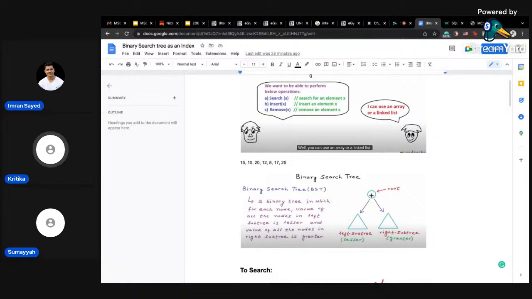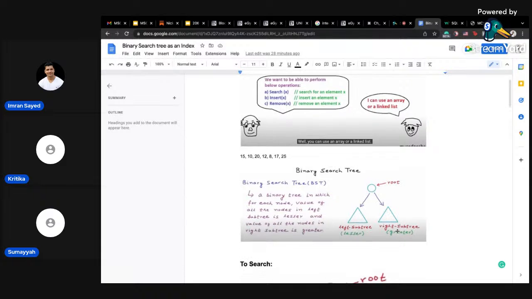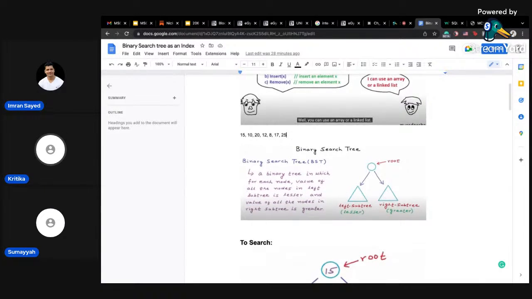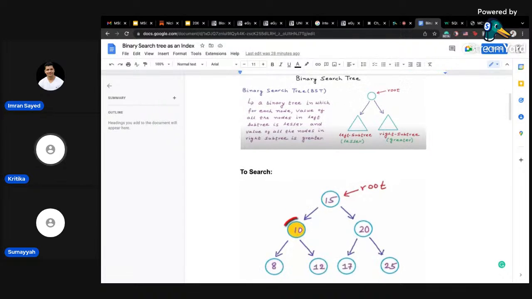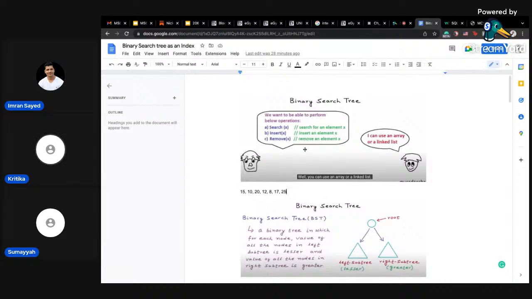Any number that is equal to or less than that will be on the left, and anything greater than that number would be on the right. So if we pick 20 over here, 10 would go here and 15 would go here. And the way that you continue to check it is by three methods: search, insert, and remove.